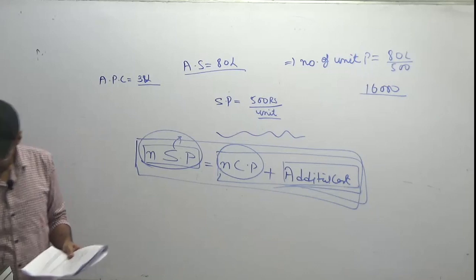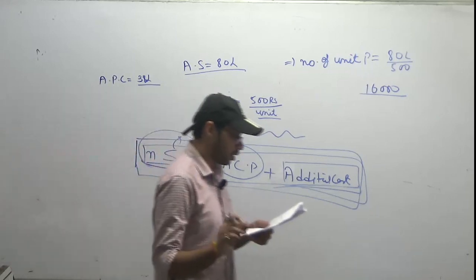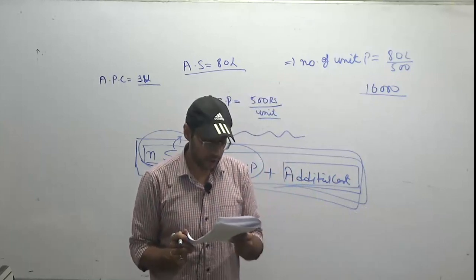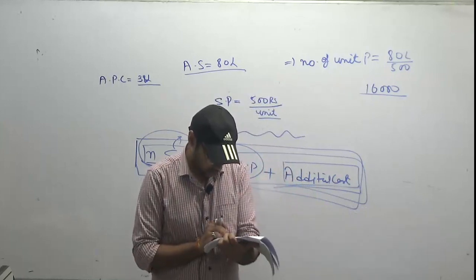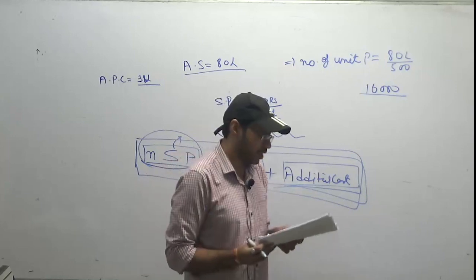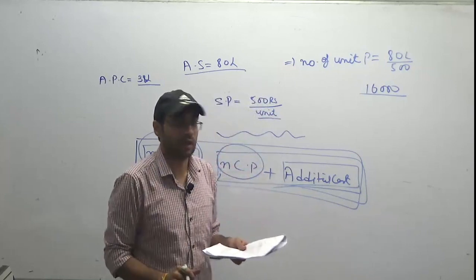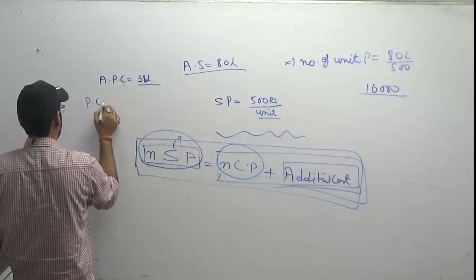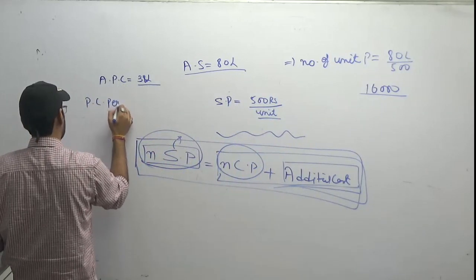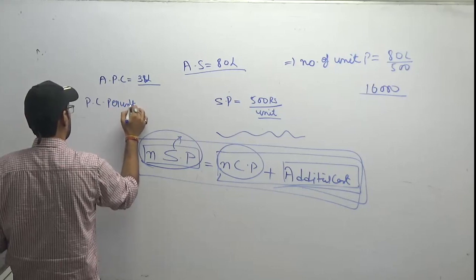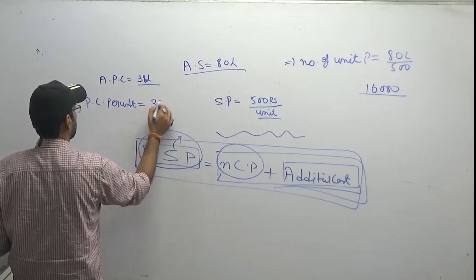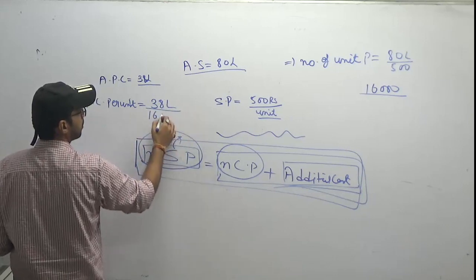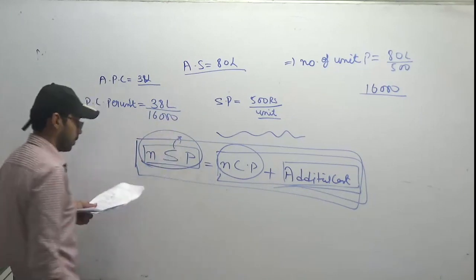They are asking about production cost per unit. We have to calculate the production cost per unit, and they have given the annual production cost, and we know that the number of units produced is 16,000. So production cost per unit is equal to 38 lakhs divided by the number of units produced.